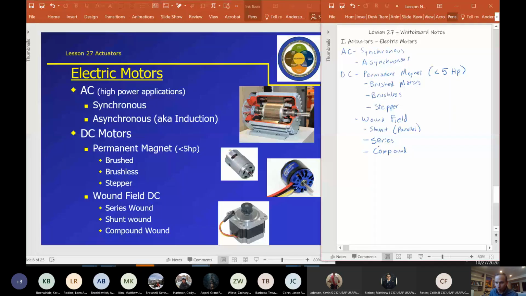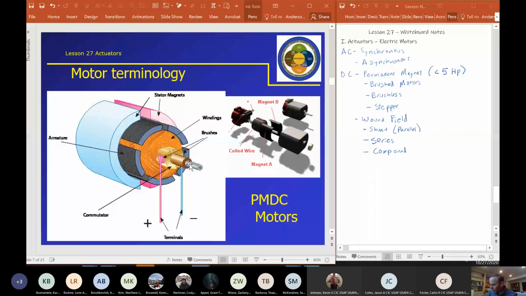Stator comes from the word stationary, so it's the part that doesn't move. In this example, the center core is the rotor, and that's what's going to spin when you run the motor. There are windings. In the case of a DC brushed motor, you have what's called a commutator, which is these gold parts in the middle, and brushes that transmit current from the power source to the windings of the motor. We'll talk about how that works in a moment.